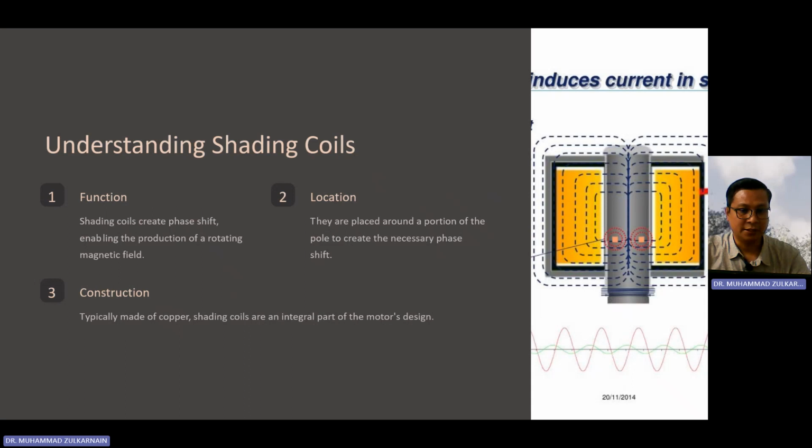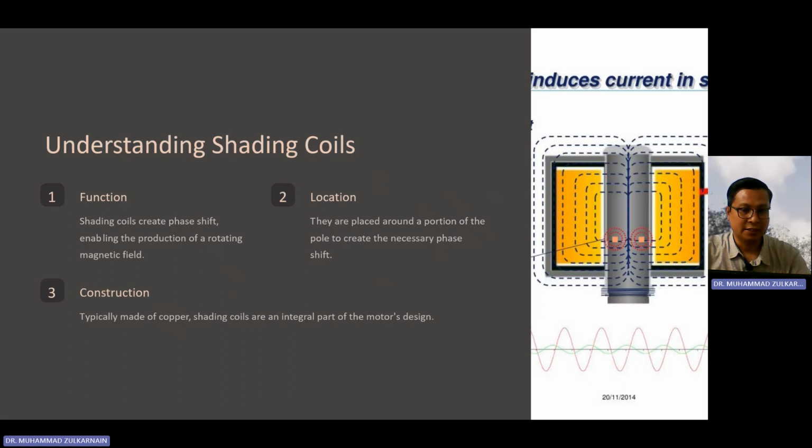So if we look into the mechanism by the shaded, yeah, or transformer, it will work like this, yeah, in the figure. So the function, shading coil creates a phase shift enabling the production of the rotating magnetic field. And then the location, they are placed around the portion of the pole to create the necessary phase shift. Yeah.